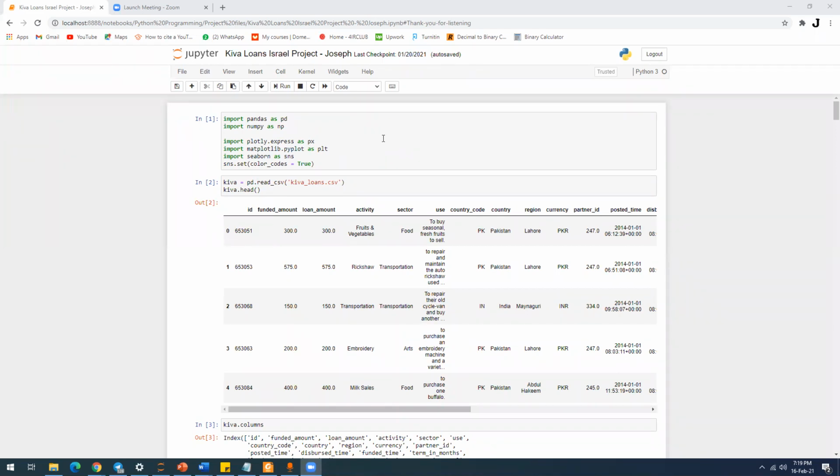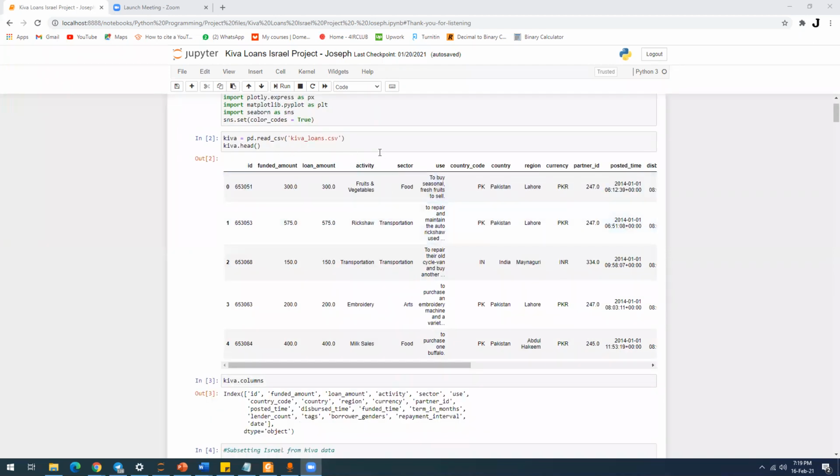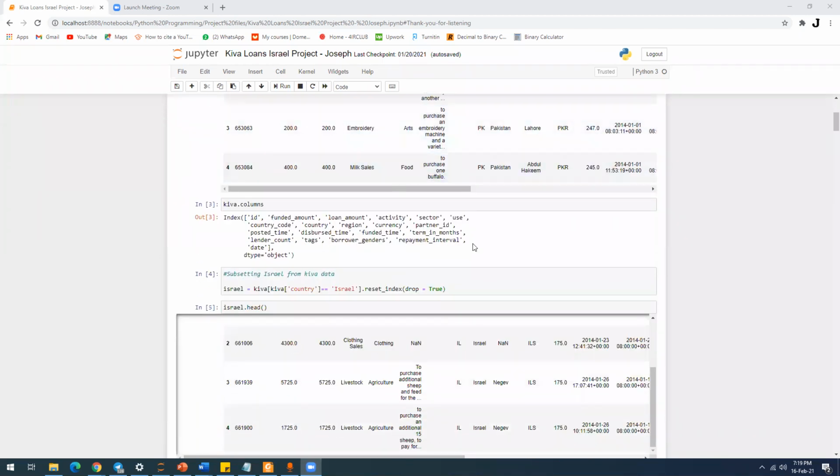Okay. So I chose Israel. The Israel dataset, and from the start, I imported the libraries: pandas, numpy, matplotlib, seaborn, and this is where I read the Kiva-Loan dataset. After reading it, I do a quick check on the columns so that I can be able to subset to Israel.